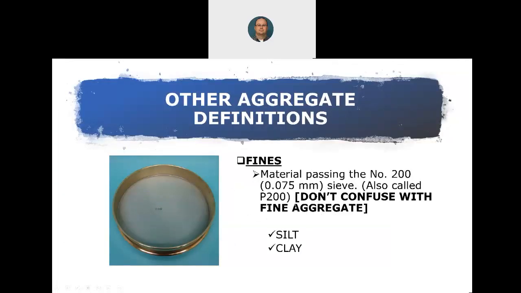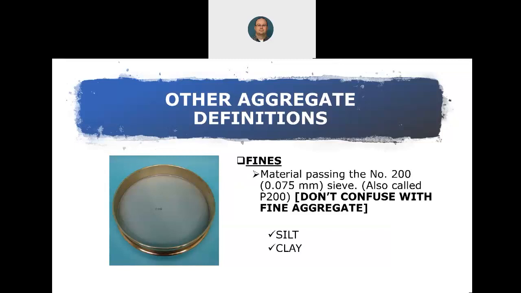So we know what coarse aggregate is: aggregate retained on a number 4 sieve, which is 4.75 millimeters. We have fine aggregate, which passes the number 4 sieve and is retained on the number 200 sieve. And now we have something called fines. Fines pass the number 200 sieve, which is 0.075 millimeter.